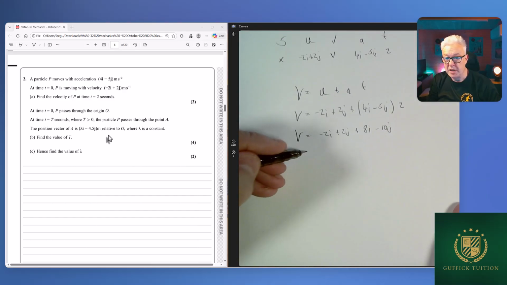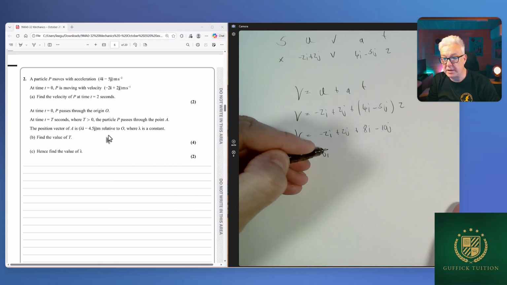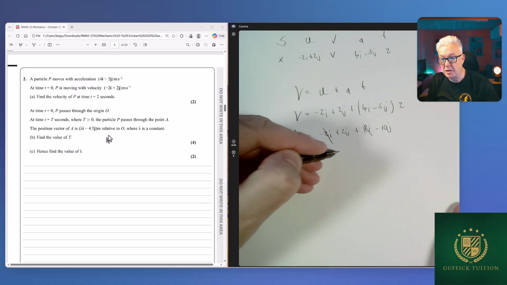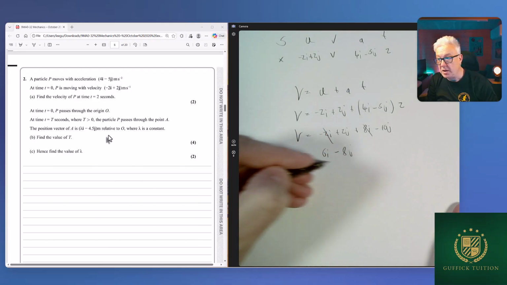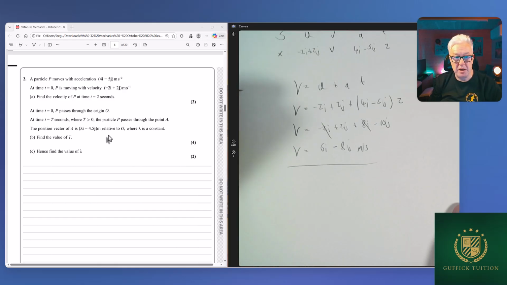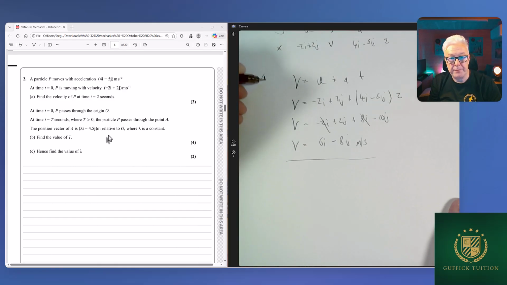Let's collect like terms. That's going to give us 6i when we combine those, and minus 8j. That's going to be in meters per second. So that's the velocity. That's part A done.